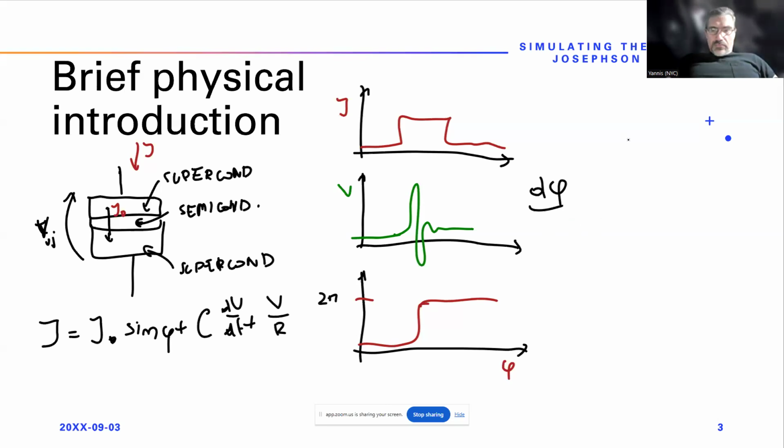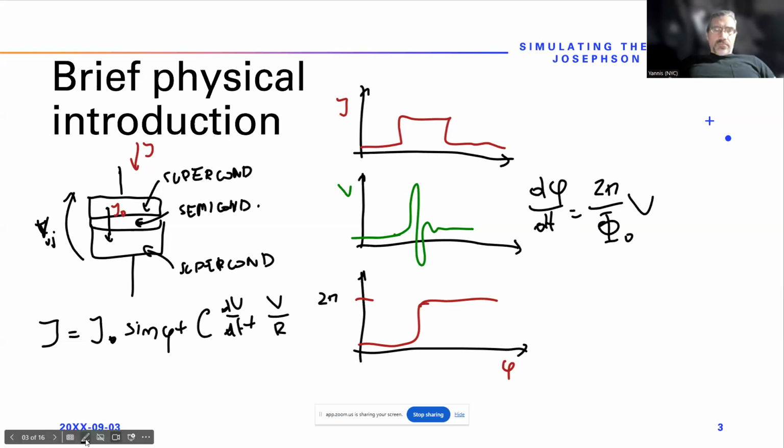What you call phase is a phase difference between superconductor A and B, right? Yes. So the rate of change of this phase difference is proportional to the voltage and inversely proportional to the flux quantum.